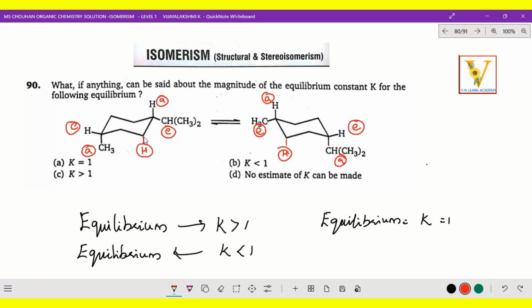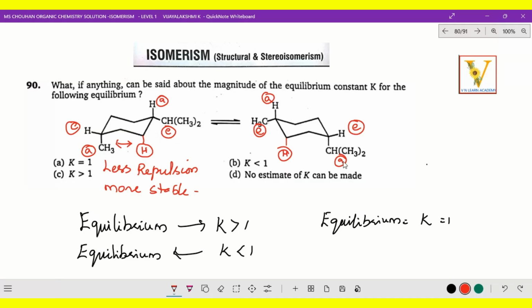So 1 2 3, so that means this point here actually has less repulsion, because only one methyl group is there, but here a bulky group is available. So in that way it actually has less repulsion, and it is more stable, right?